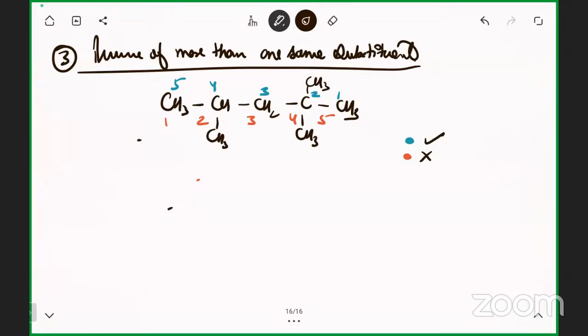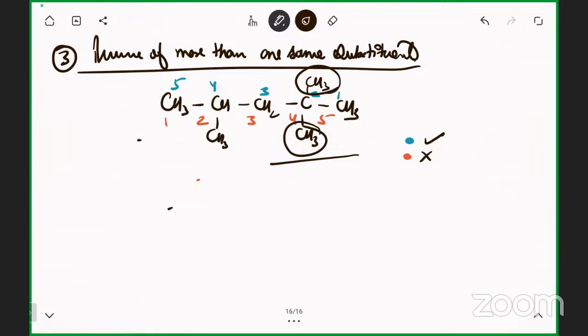Because from the left side, the CH3 group is on the second position, and from the right side also the CH3 group is on the second position. But on this particular side we have two CH3, one above, one down, so we give priority to that, because di, tri, tetra compounds are present here. So remember, if the same substituent is present, you have to do the numbering from the side where more substituents are present.